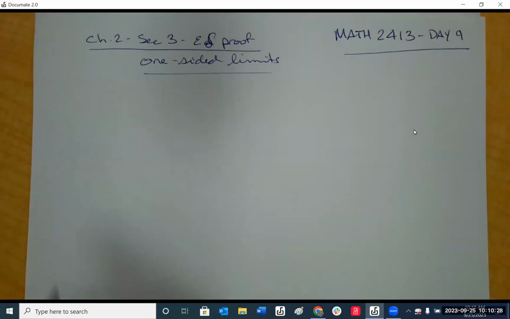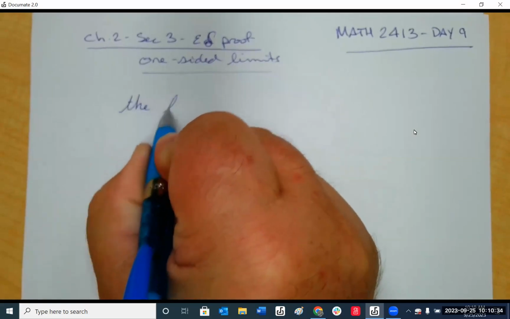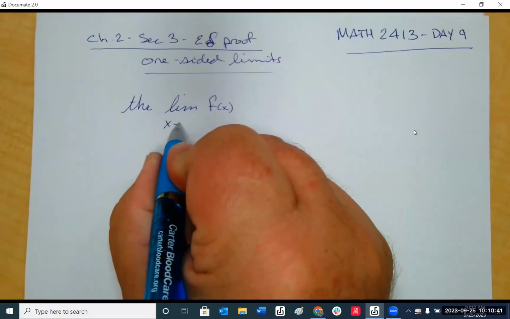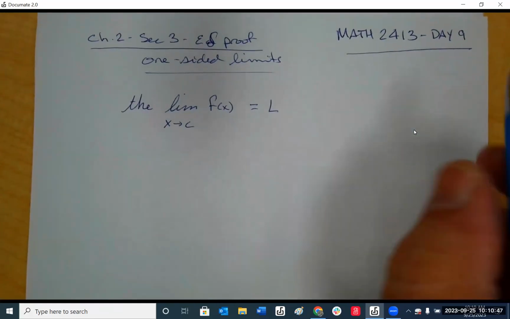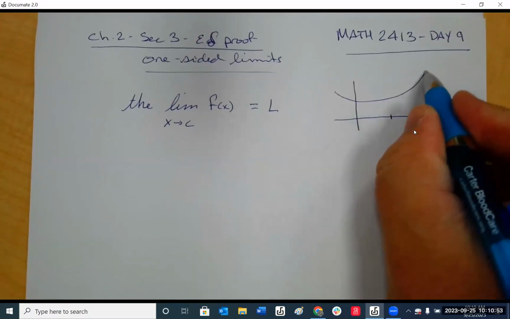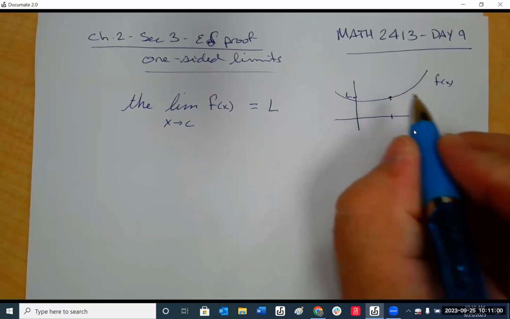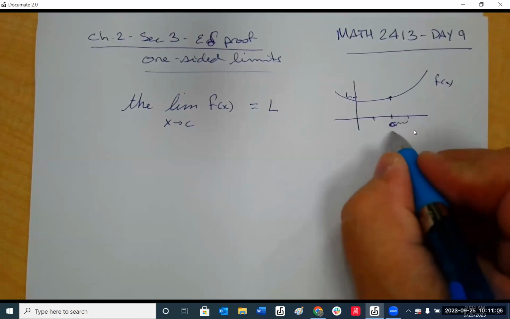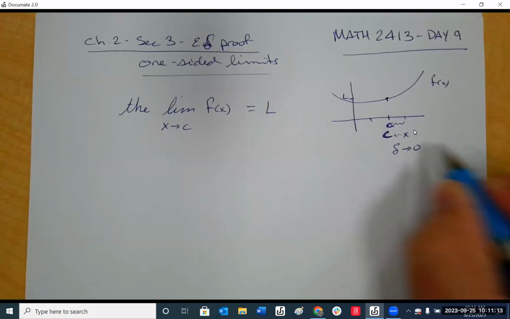What we're going to do here is prove, to show, that the limit of f of x as x approaches c is equal to some number L. What that shows is, on any curve f of x, the limit value L, as the gap on our x values between x and c, called delta, goes infinitely close to 0.